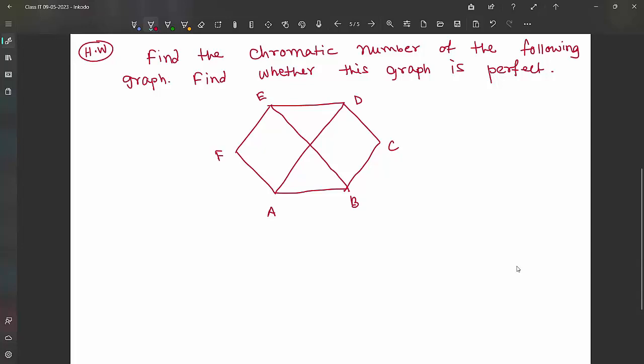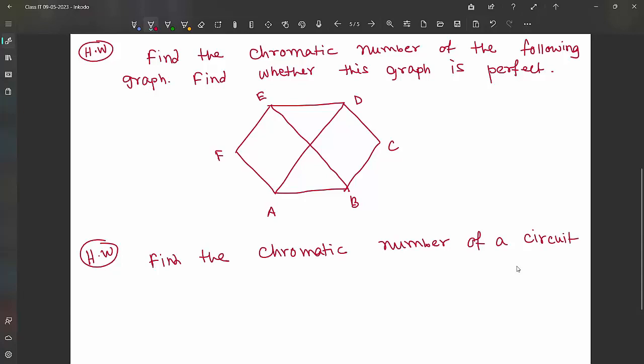Now one very important problem, and another homework problem, you can just do it now. This is just MCQ type question. Find the chromatic number of a circuit or cycle, maybe, a cycle with 107 edges.